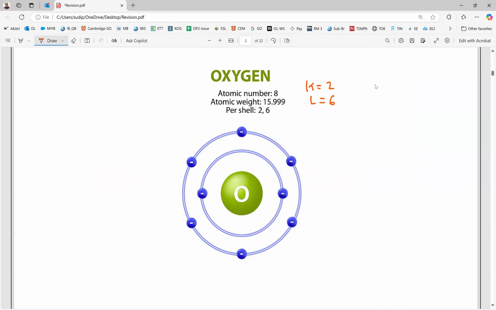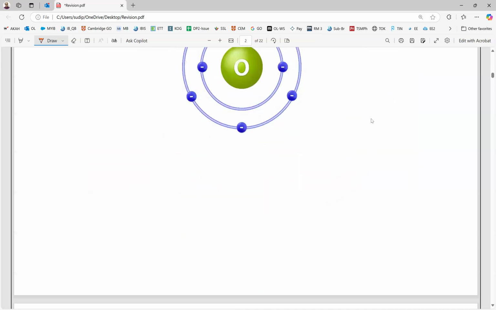So technically the number of shells is the same in both cases. Then what is the difference between these? So that we have to discuss. Now, if you look at oxygen, technically it has 8 protons and 8 electrons. If you look at lithium, it has 3 protons and 3 electrons.